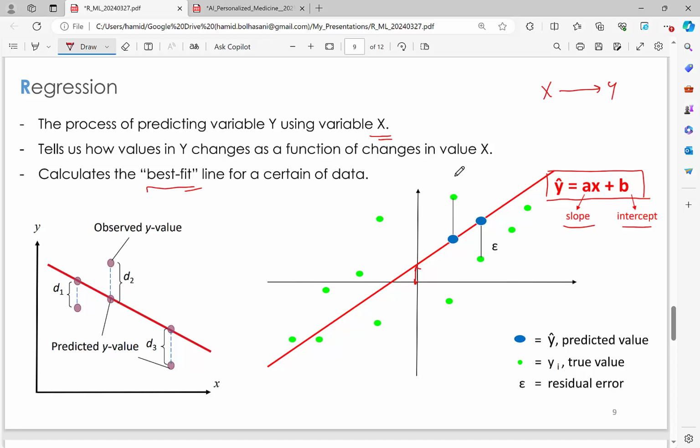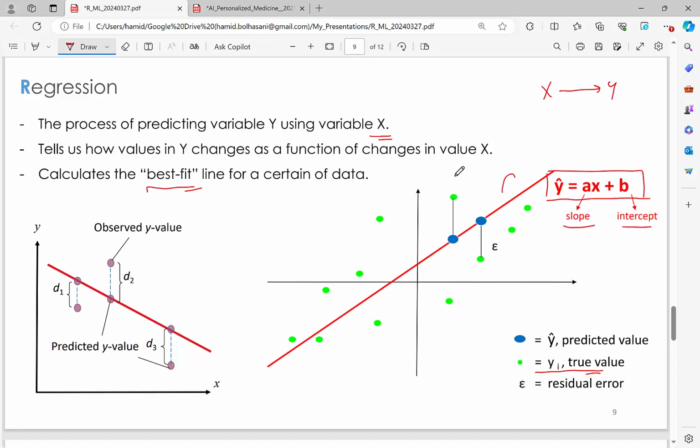Here you can see some green dots. These are the true values. And we want to fit a line here to find a rule based on this data.